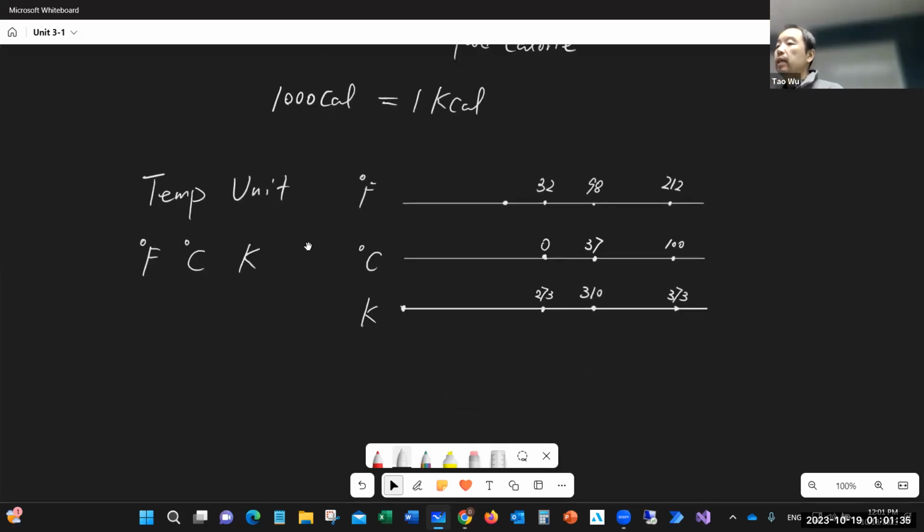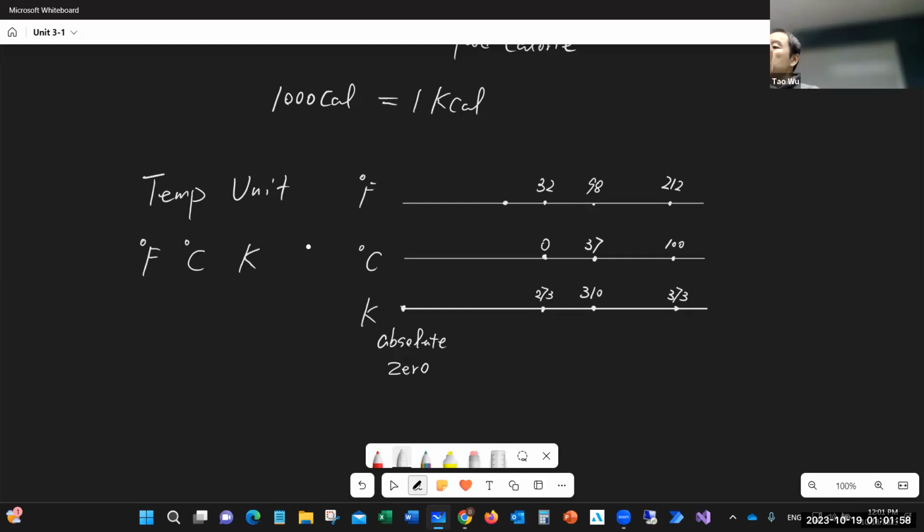0 K is called absolute zero, which means there's no temperature below 0 Kelvin. So Kelvin does not have negative numbers. 0 is just a starting point.